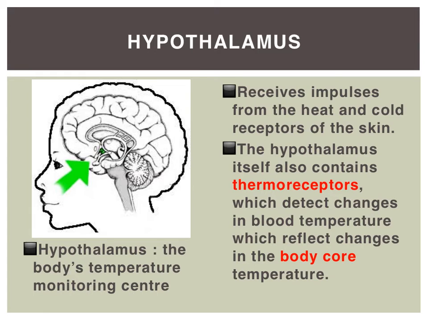So in the same way, the hypothalamus receives impulses from the environment, from receptors in the skin. They detect heat and cold. And also the hypothalamus contains thermoreceptors, which detect changes in the blood temperature. And that will reflect in turn changes in the body core temperature. So you get information being sent from receptors in the skin, and information that comes from the temperature of the blood in the body.